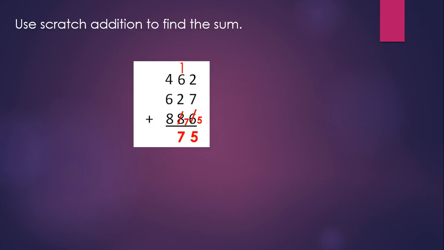And then since we have a 1 scratch, that represents one group of 100 that we then place in the hundreds column. 1 plus 4 is 5. 5 plus 6 is 11. And then 1 plus 8 is 9. And the 1 scratch in the hundreds column represents a group of 10 hundreds, or 1,000. So our sum is 1,975.